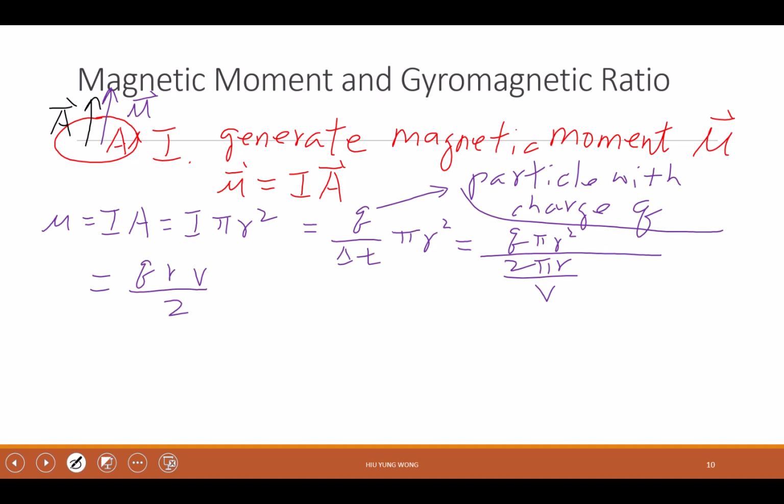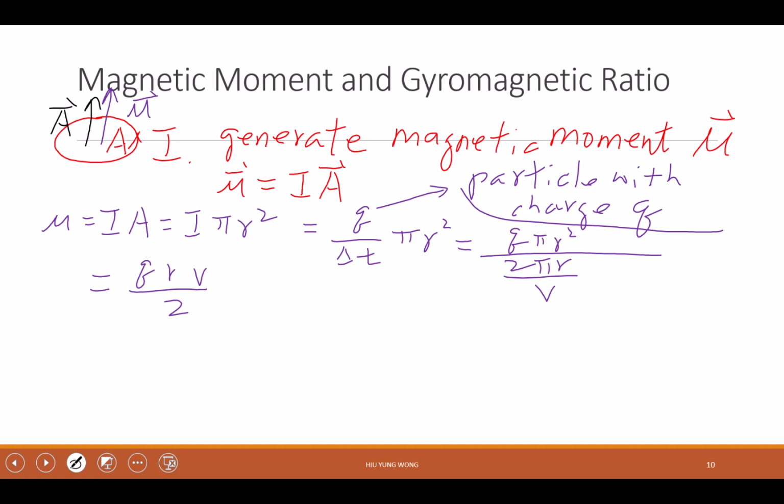However, there's something more fundamental in physics, right? Velocity is not what we want. What we want to see is the linear momentum or the angular momentum. Okay? So again, this is a review of physics.